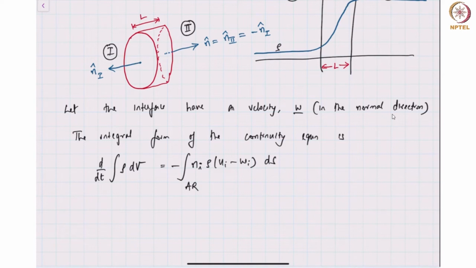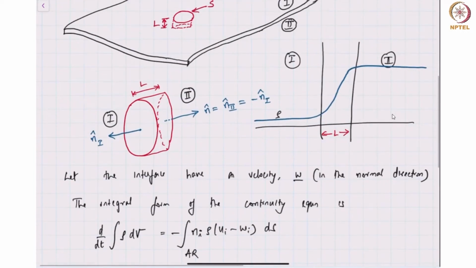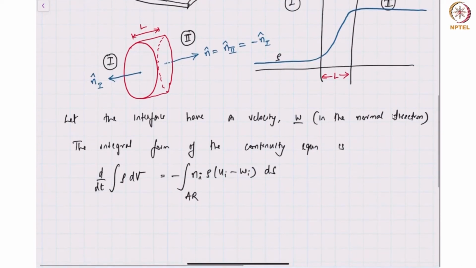Now I want to write this integral over this arbitrary region over regions 1 and 2.